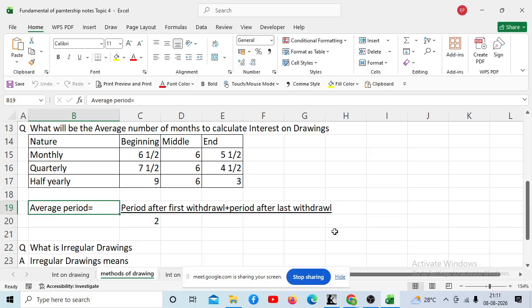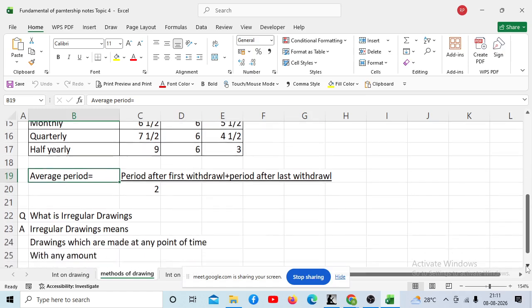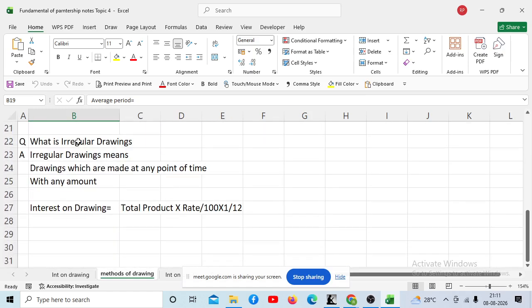Now just write down the next question also. What is irregular drawing? Irregular drawing is nothing but when the drawings are done at any time and with any amount, means there is no consistency as far as the months are concerned and as far as the amounts are concerned.